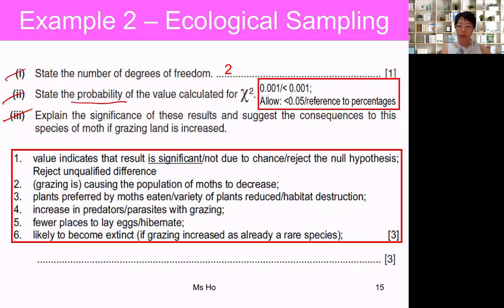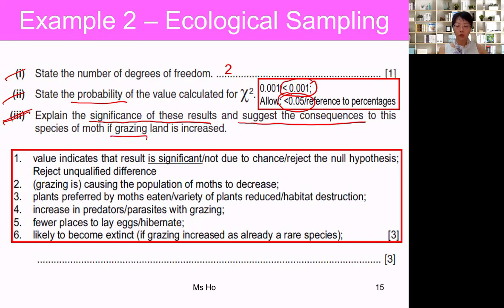So you give the probability is less than 0.01. You allow reference to it is actually less than 0.05. So you have not done your conclusion yet in the question. So question part 3 is for you to do your conclusion. So what is the significance of results? So do your conclusion, and from conclusion, suggest the consequences if grazing continue.